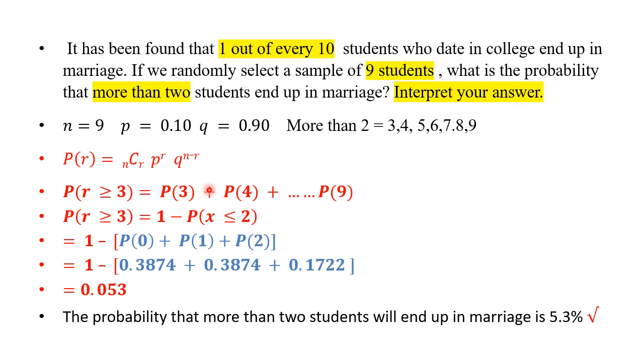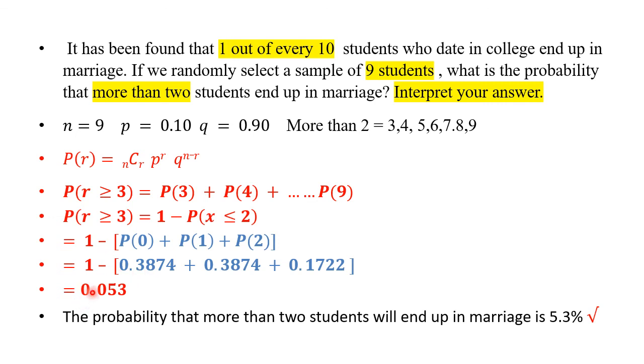So instead of calculating from 3 right up to 9, we just take what we calculated earlier in the previous example, which is the probability of 0, the probability of 1, and the probability of 2. We add all that together and we subtract from 1. This gives us the complement.